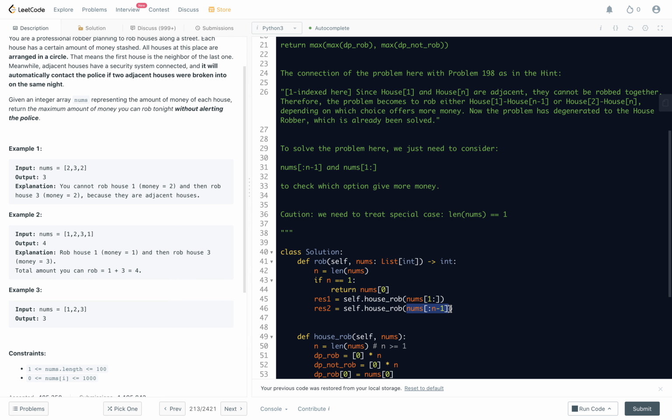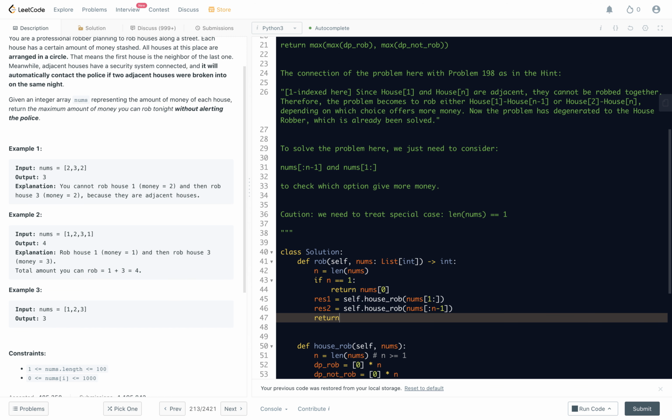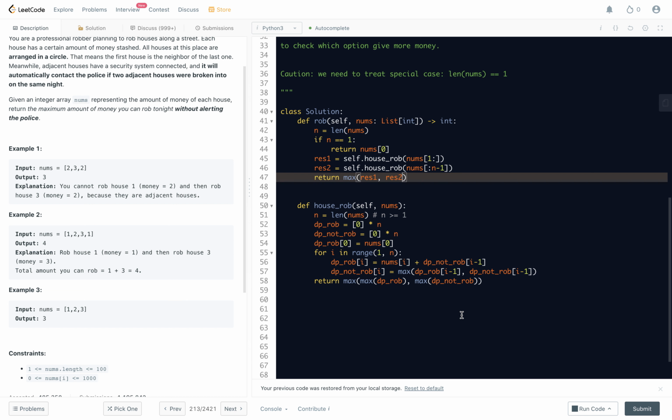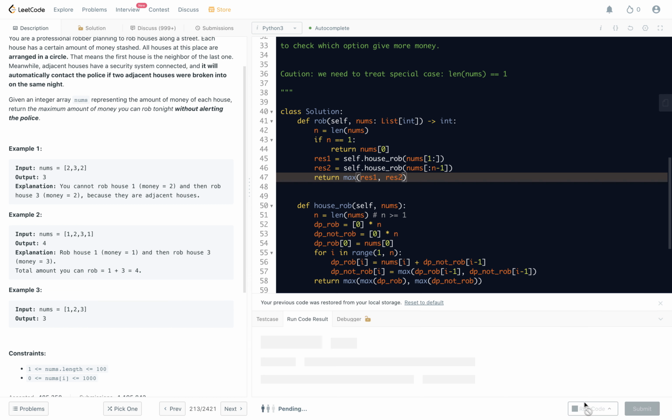Notice that these two arrays or lists are not empty due to the fact that we have treated the case n equals 1. With that said, what we are going to return is nothing but the max of result 1 and result 2. That's a full solution to this second house robber problem.